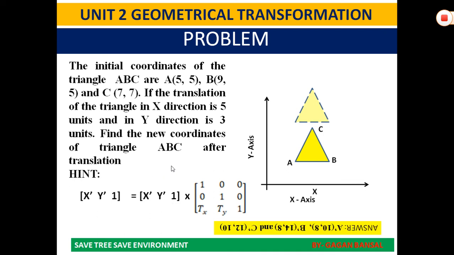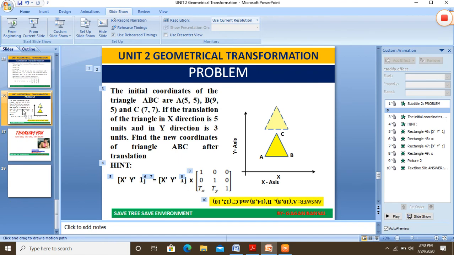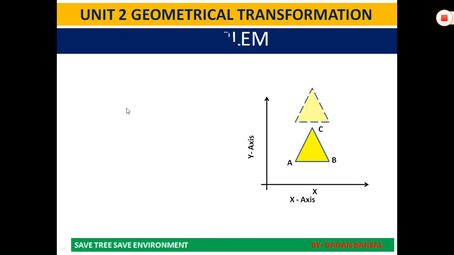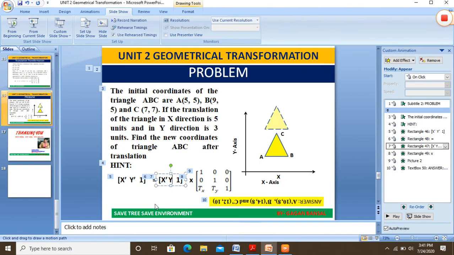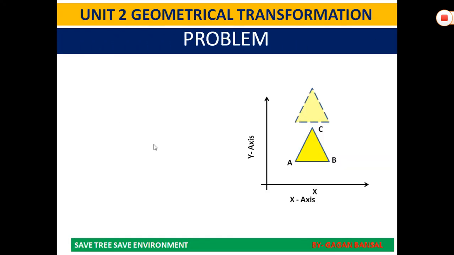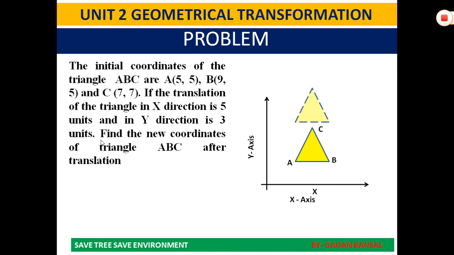Let us correct it, otherwise you will face problems. So the problem is clear. The hint is x dash y dash 1 is equal to, again let me correct. So sorry for the inconvenience, but hope you are clear with the concept.